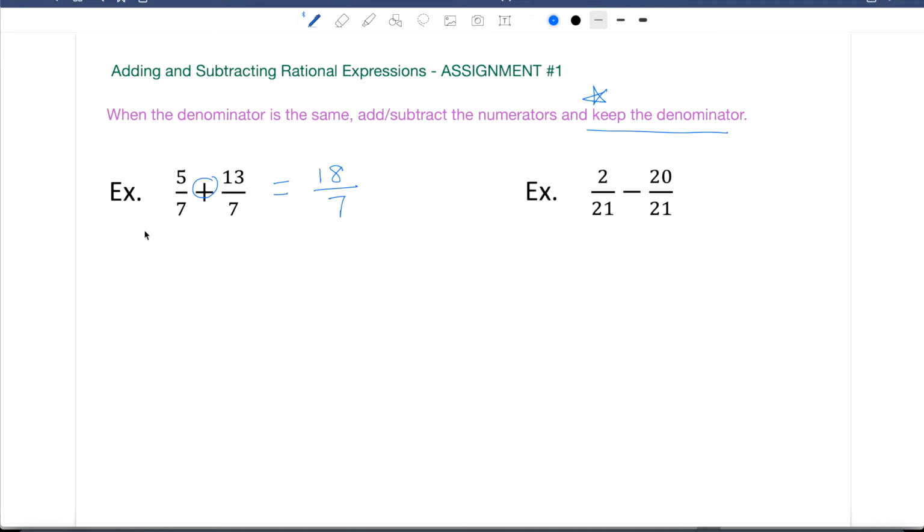Last thing you want to check is always make sure that your answer is simplified. Simplified just means, can it be any smaller of a fraction? So how do you do that? You find common factors.